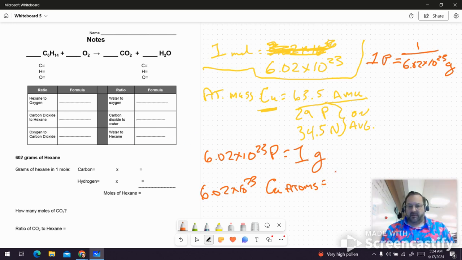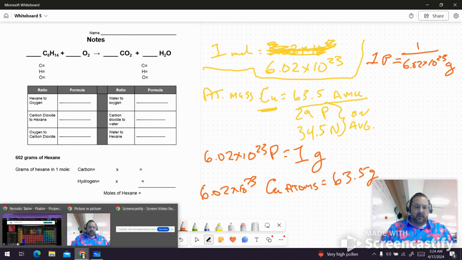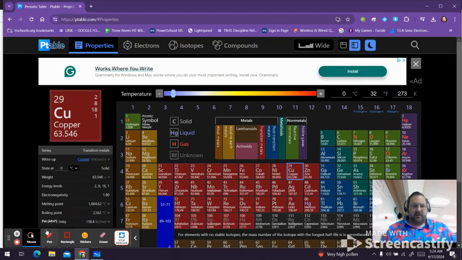So I'm going to put that in here, 63.5 grams. In essence, we did the math and figured out that these numbers on your periodic table aren't just the atomic mass units.